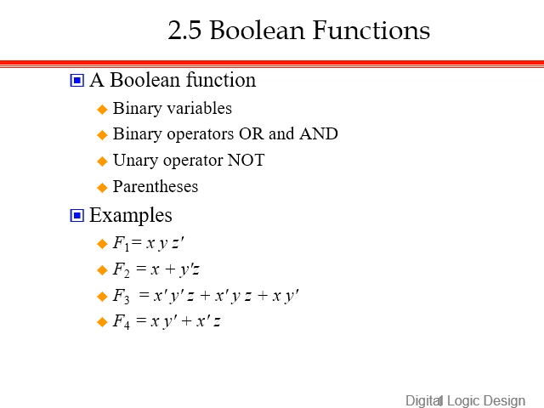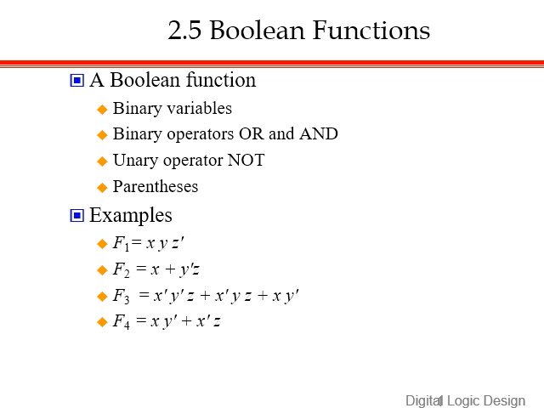So the value of f3 is 1 if we have the combinations of x y z in the form of 0 0 1, 0 1 1, and if the value of x is 1 and y is 0. f3 has three terms. For x prime y prime z, the values of x and y should be 0. For f3 to be 1, x and y should be equal to 0 and z is 1.